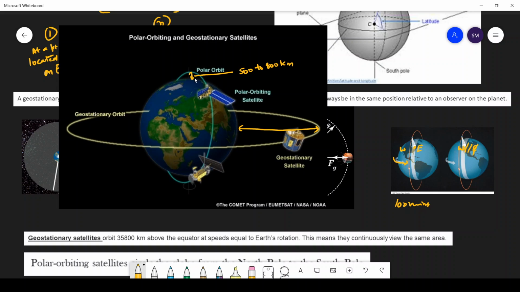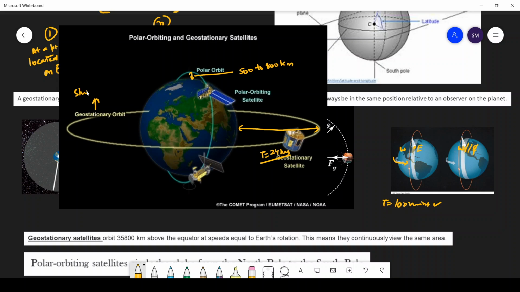But what about geostationary? The time period of geostationary is 24 hours, right? Just like the time period of rotation of earth. But what is the time period for polar orbiting satellite? 100 minutes.